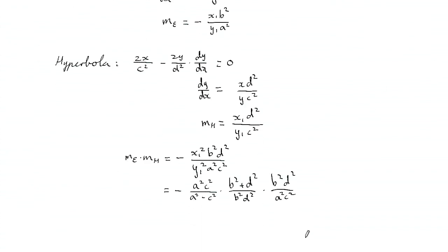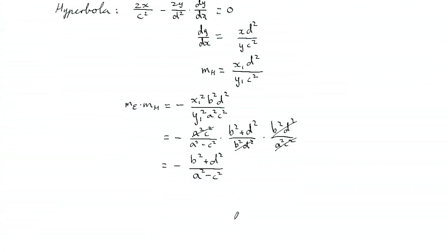Okay, now we can do some cancelling, because that cancels with that, and that cancels with that. And we get negative b squared plus d squared on a squared minus c squared. Now here's where we need to use the fact that they have the same foci.